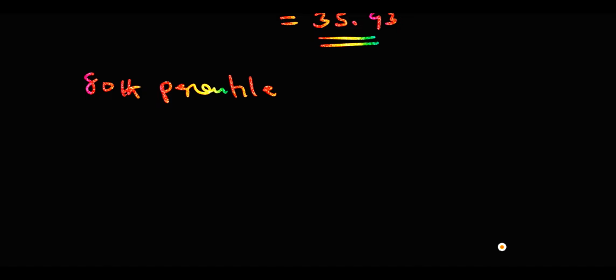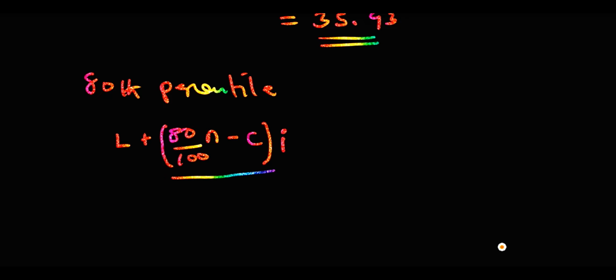The formula for the 80th percentile is going to be L plus, into bracket, 80% of the data. Data is N minus C, where C is just the cumulative frequency above the 80th percentile class. Then you again multiply that by the class interval, and then we divide that by the frequency of the 80th percentile class. So let us identify this.